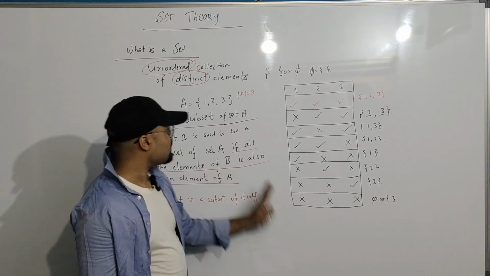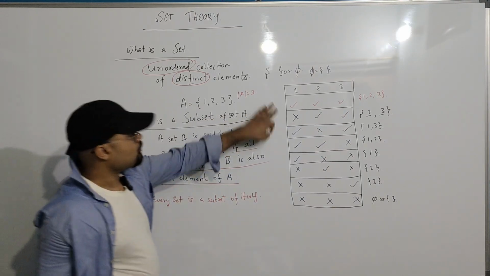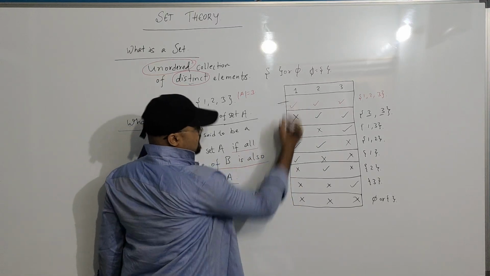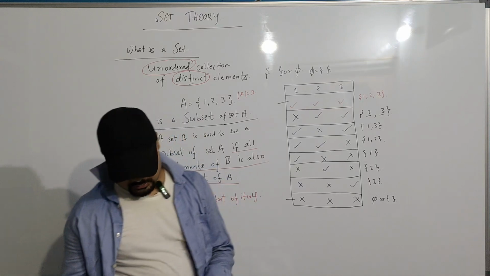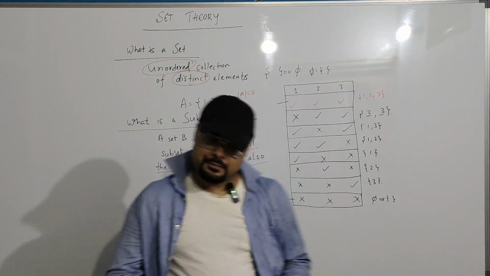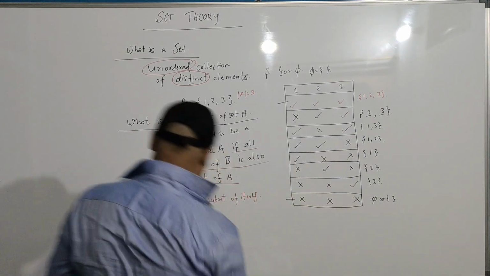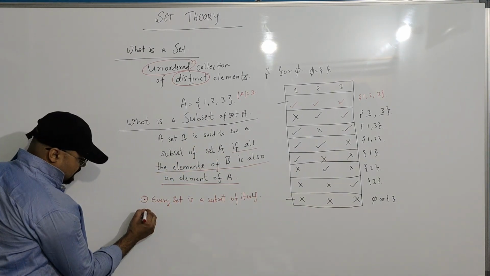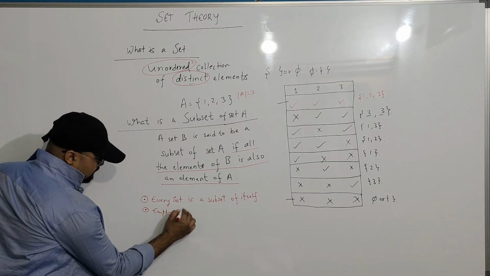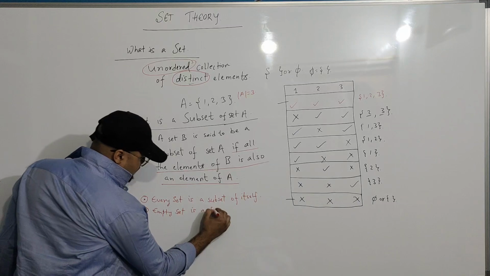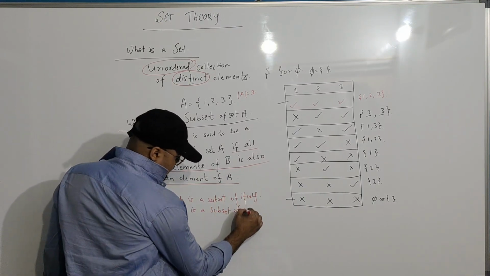So the total number of subsets of set A is 8. There are 8 total subsets. These two, this and this, are called trivial subsets. For every set, the set itself and the empty set are the trivial subsets of the set. The empty set is a subset of any set.